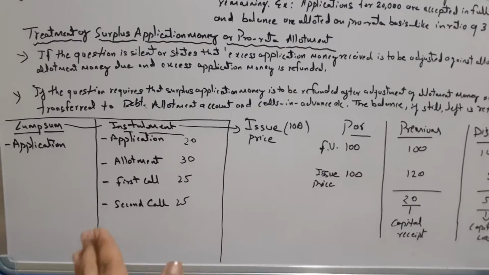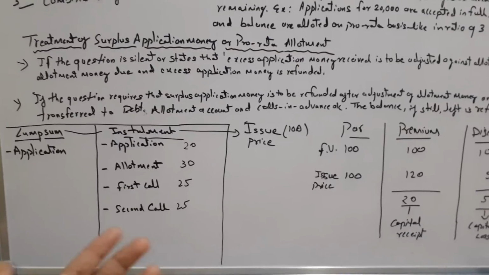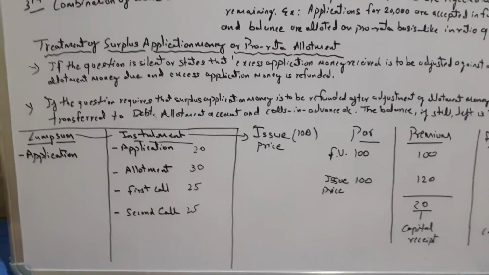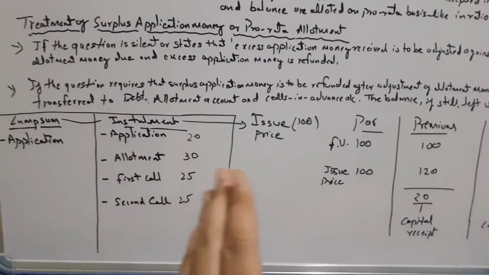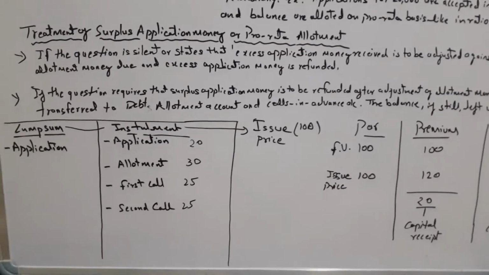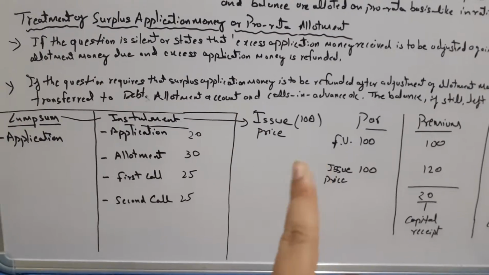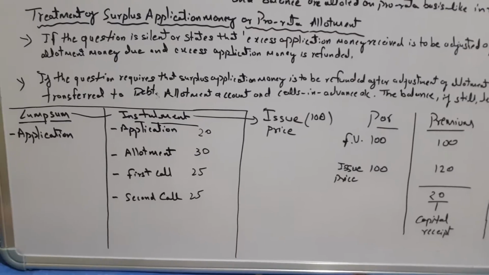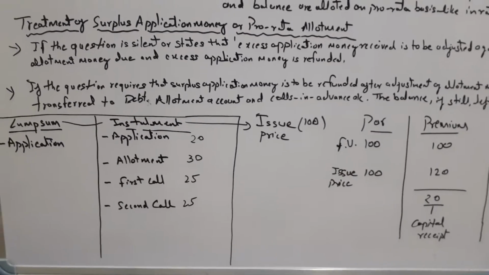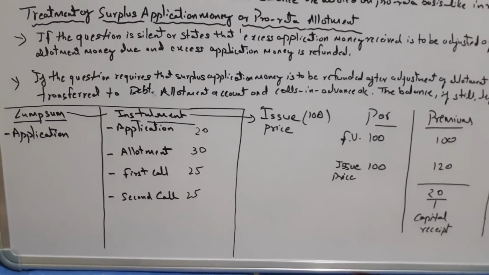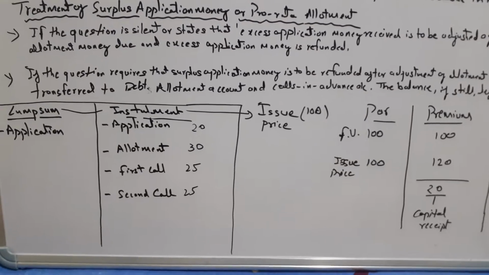Here I am trying to explain that if a company issues debentures, say 20,000 debentures for the public at the issue price of 100 rupees, it is at the discretion of the company how they are going to ask for the money from the public.